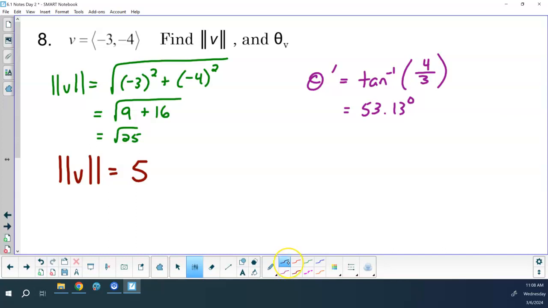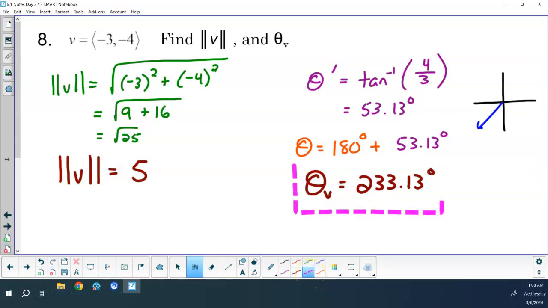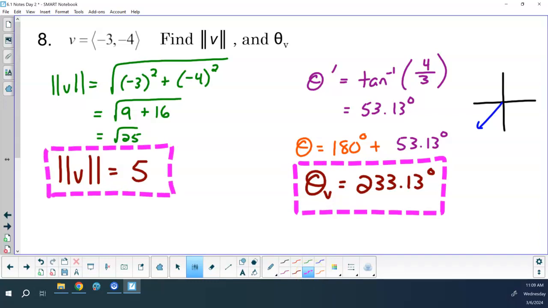This vector happens to fall in quadrant number 3. So my actual theta is going to be 180 degrees plus my reference angle, so that's going to be 233.13 degrees. Agreed? Questions, comments, concerns, clarification?